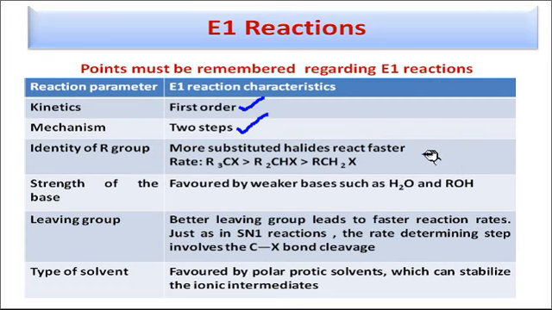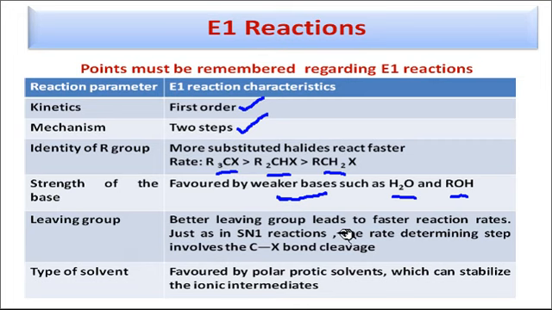Now, nature of the substrate. The tertiary alkyl halides are more reactive than secondary halides, than the primary halides, towards the E1 reaction. These reactions are favored by weak bases such as water and alcohol.